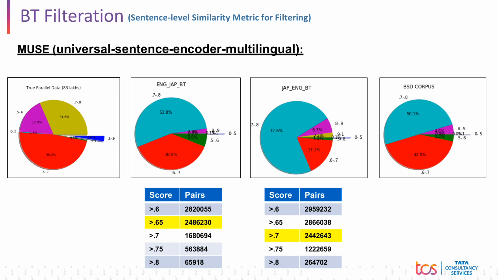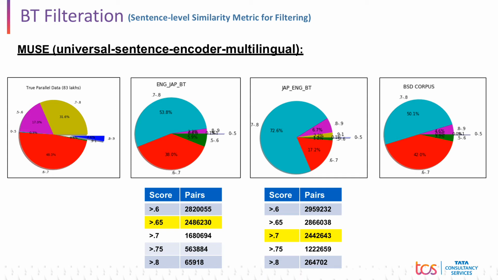Based on the available training data, the true data as well as the English-Japanese back translated, the Japanese-English back translated, and the BSD corpus data, we determined the threshold for this cosine similarity score. This pie chart denotes the different amounts of data based on the different threshold ranges.